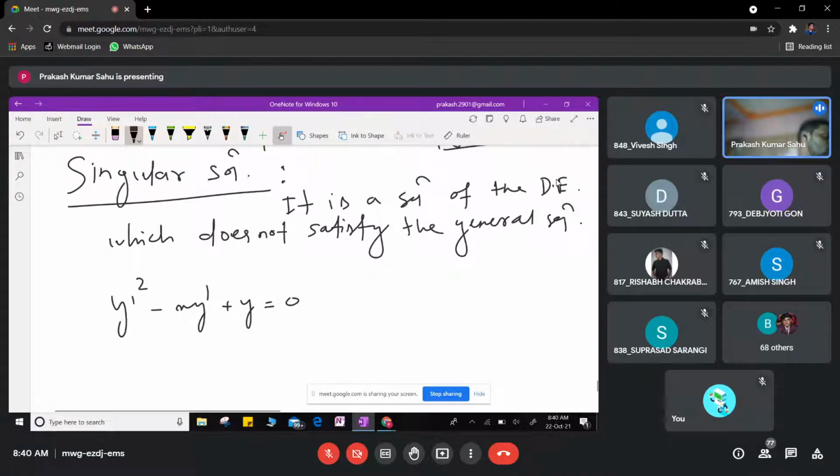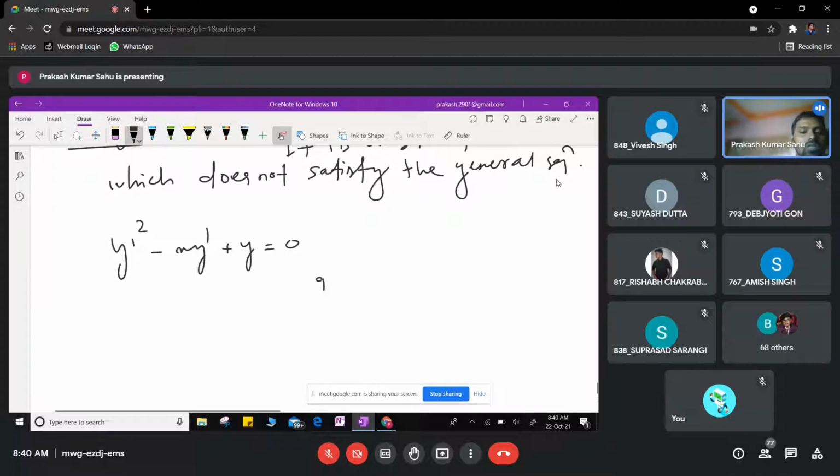So here, finding the solution of a nonlinear equation is very difficult. Okay, so this is a nonlinear equation, so there is no usual method to find the solution.